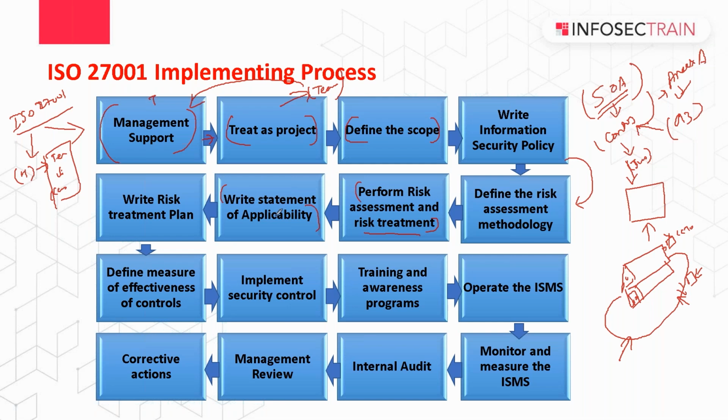Now, once your SOA has been written, we write a risk treatment plan: how the risk needs to be treated in the near future if there is any possibility. If there is any possibility or probability of risk, what plan do we have? We are not going to wait for a breach or an attack to happen. We are going to have a plan ready beforehand.